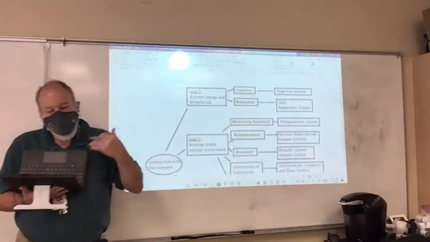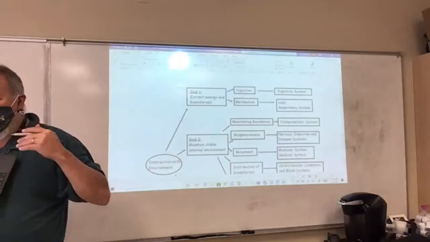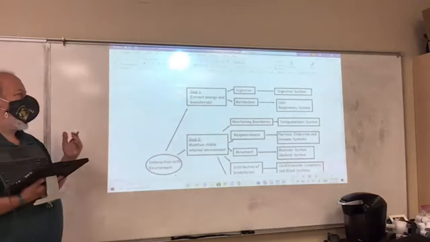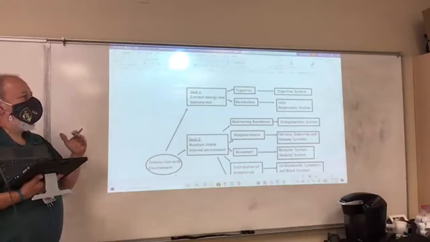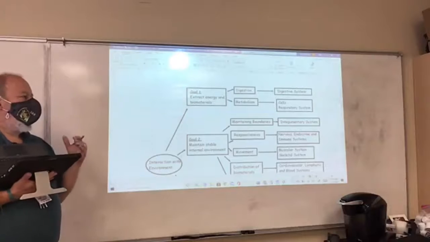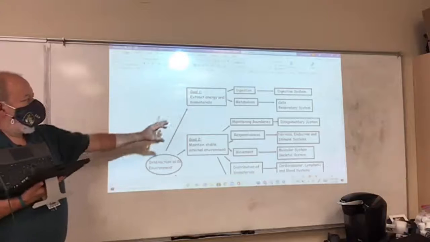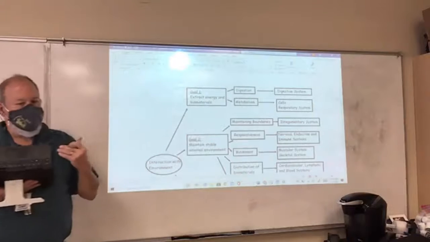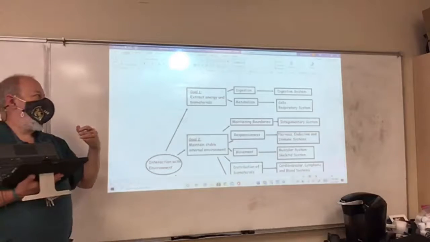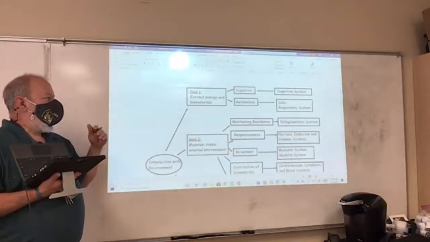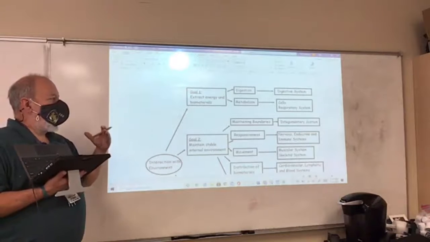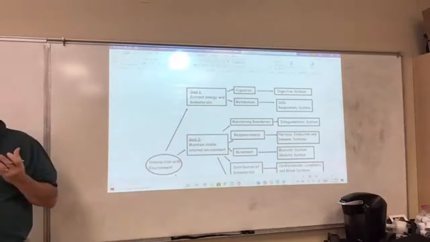And all three of these things are entirely comprehensive. Anything that we need to accomplish in order to be successful in our interaction with the environment is contained within these three goals, okay?